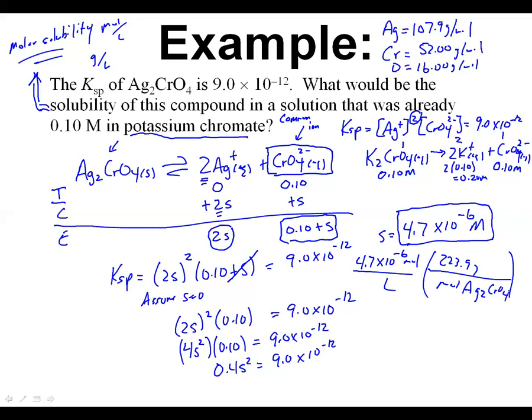Hang on a sec. 107.9 plus another 107.9 would be good, plus 52 plus 4 times 16. I think I missed that second silver. I did.